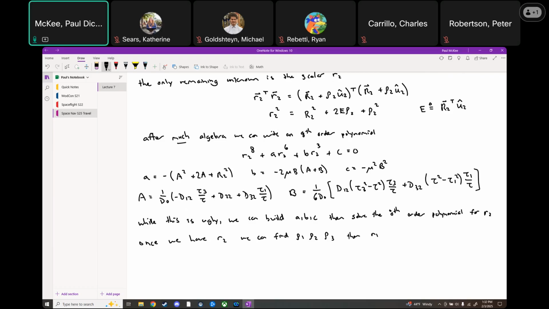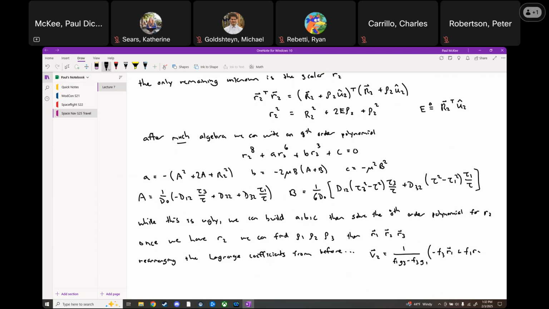Then we can find R1, R2, and R3. And at that point, you could either put that into Gibbs equation, or you could say, finally, rearranging the Lagrange coefficients from before, we would get V2 is equal to 1 over F1 G3 minus F3 G1, and then in parentheses, negative F3 R1 plus F1 R3.